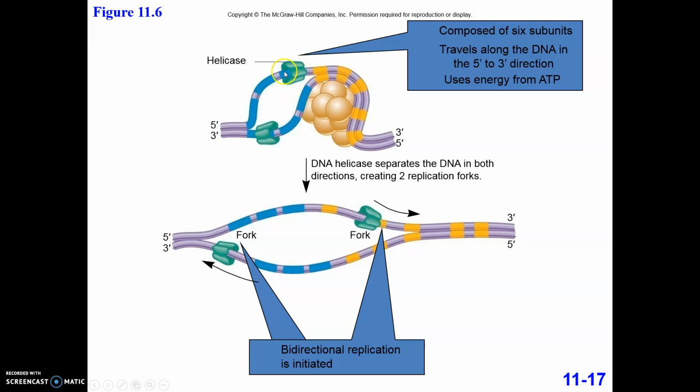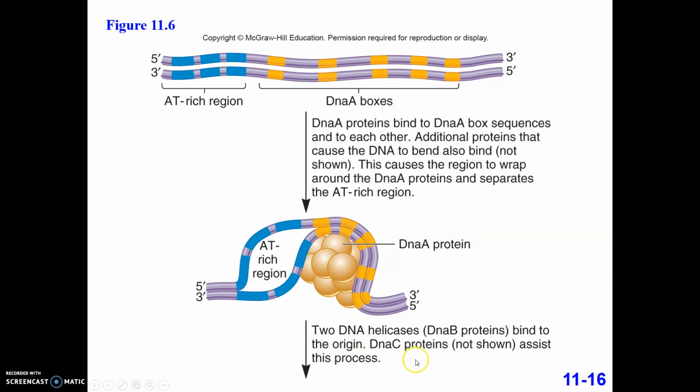DNA helicase wraps around the individual strand, and it will help prevent the DNA from coming back together. We also have something else called DNA-C that is binding single-stranded DNA, and it helps hold this bubble open.